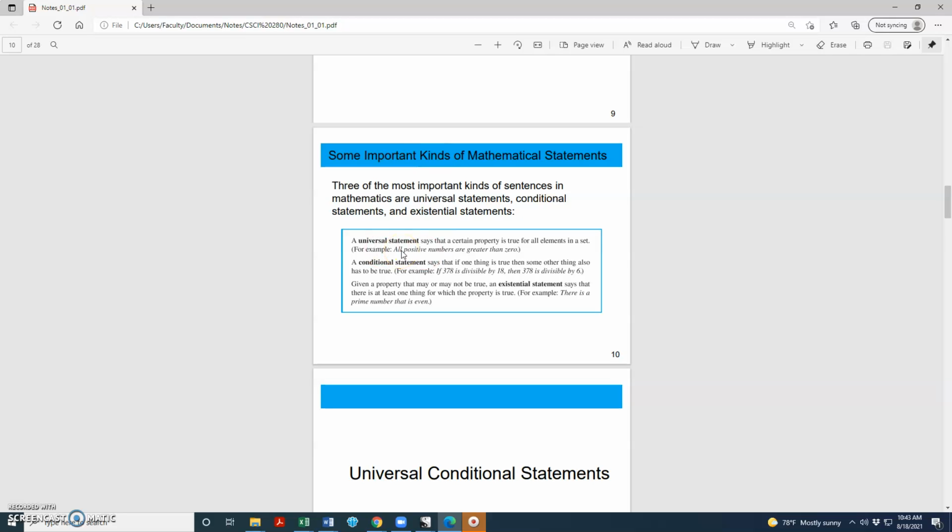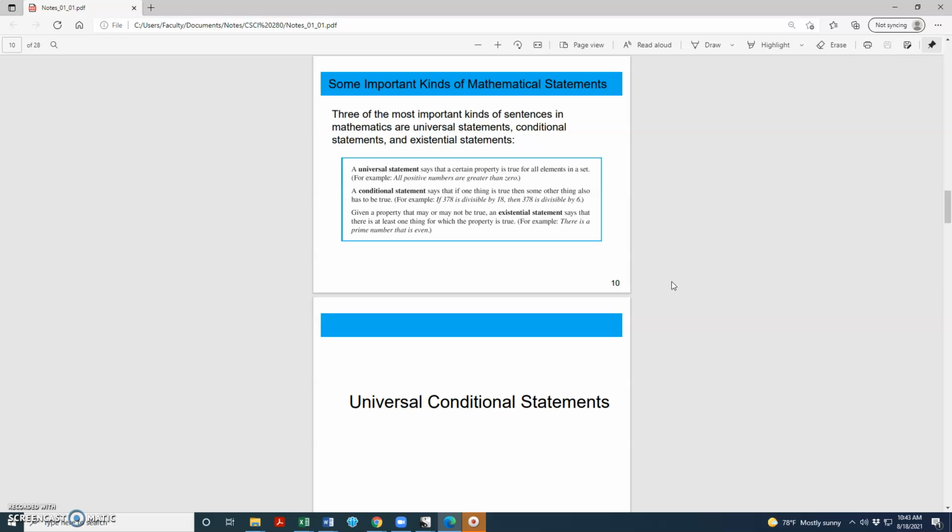So there can't be even one number where it doesn't work. Whereas with existential, there only has to be one. There might be more than one, but there only has to be the one. Sometimes it can be a little hard to see the difference between those two, but that's what we want to keep in mind when we see that type of problem.